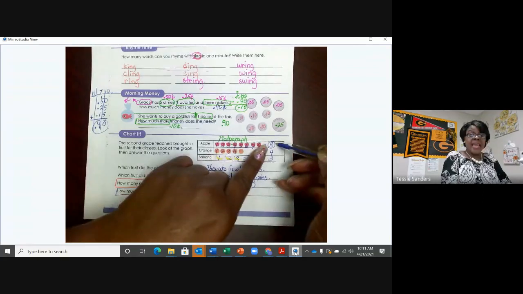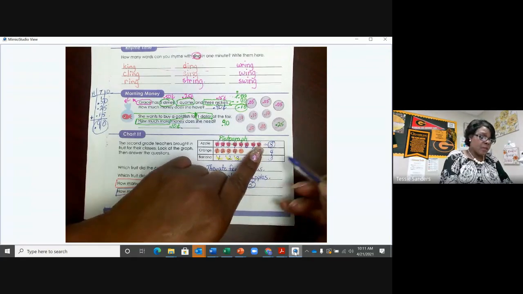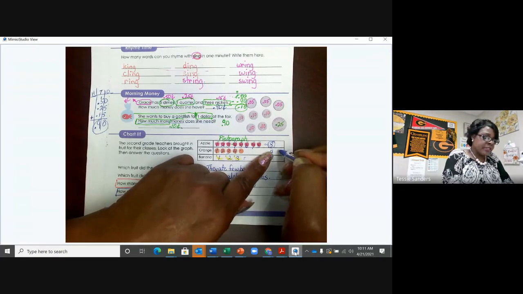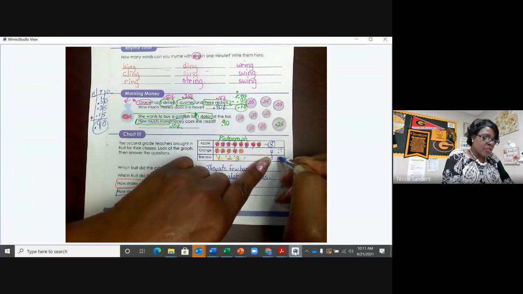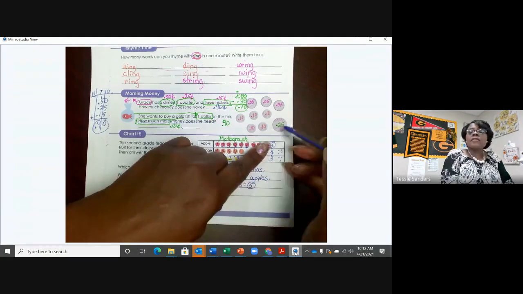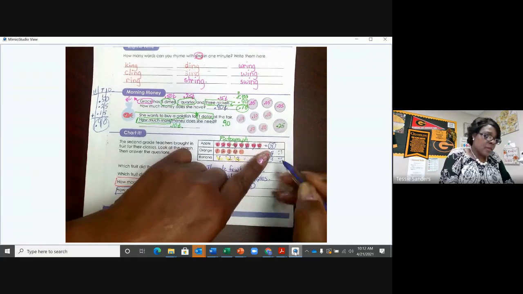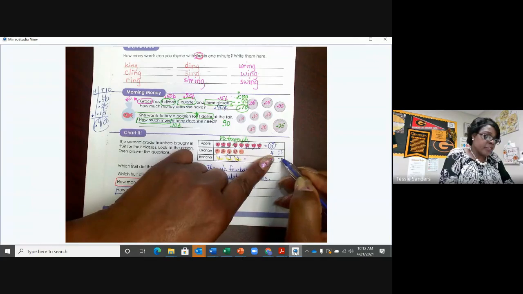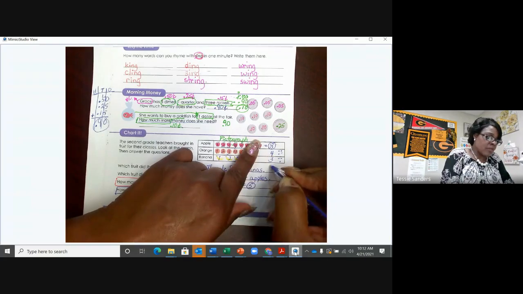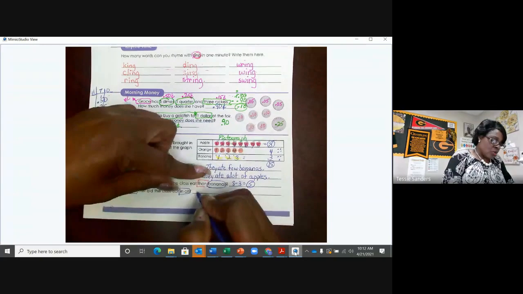Okay, so we have 8 plus 4. So that's 9, 10, 11, 12, 13, 14, 15. See, they've given us 8. We have 8 apples, so that's 8. 9, 10, 11, 12, 13, 14, 15. So we have a total of what? 15.